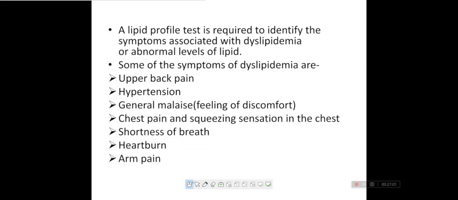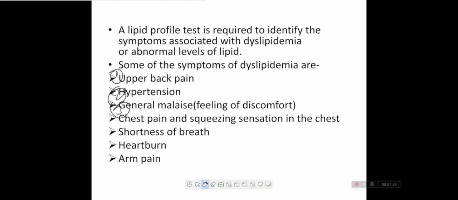Now next, a lipid profile test is required to identify symptoms associated with dyslipidemia, or abnormal level of lipid. Some of the symptoms of dyslipidemia are upper back pain, hypertension, general malaise, feeling of discomfort, chest pain, shortness of breath.